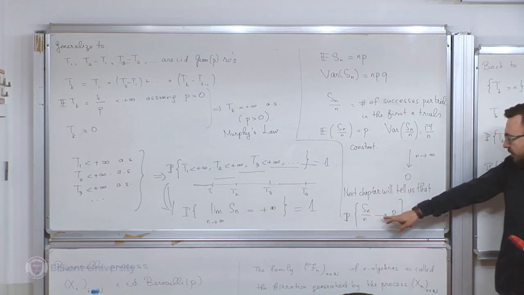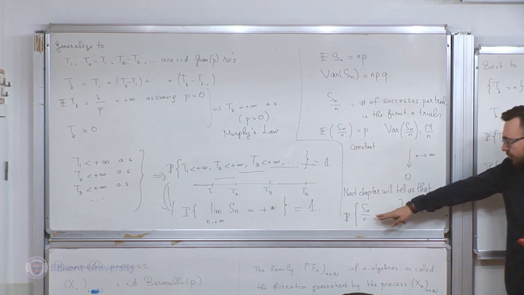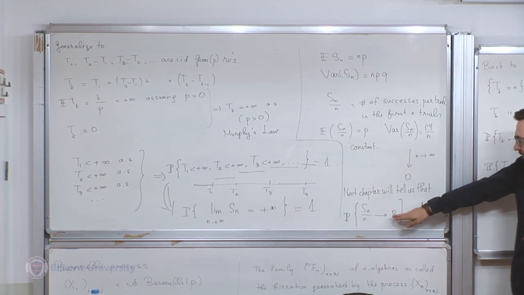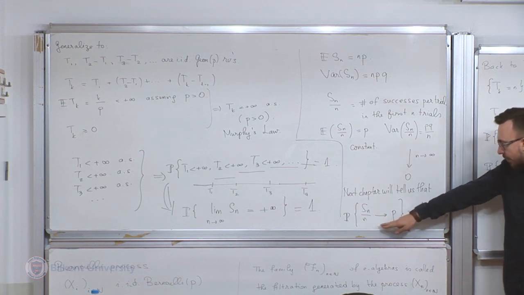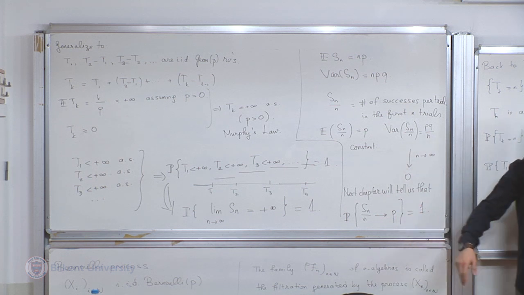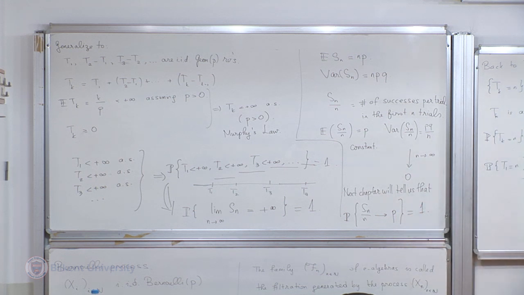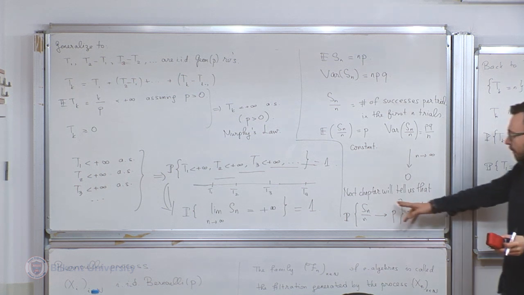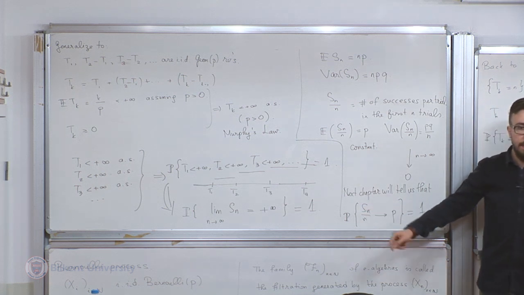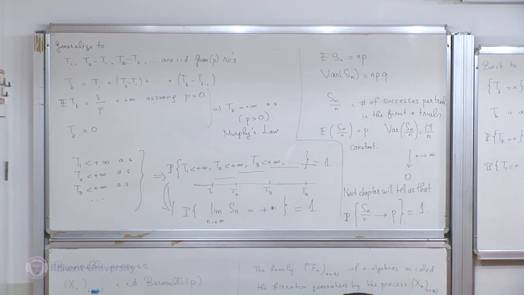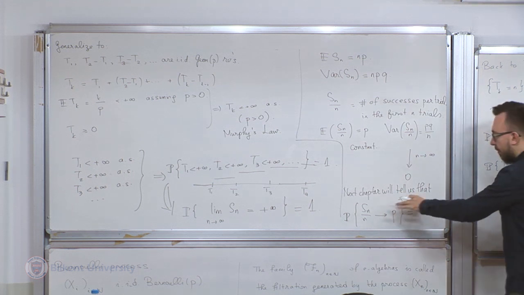This ratio is going to converge to some number as you increase n, and the value that it looks like converging to is going to be the true probability of success. So that's why we can estimate the true probability by this ratio. And the estimation gets better and better as the number of trials increases. So this is the law of large numbers.